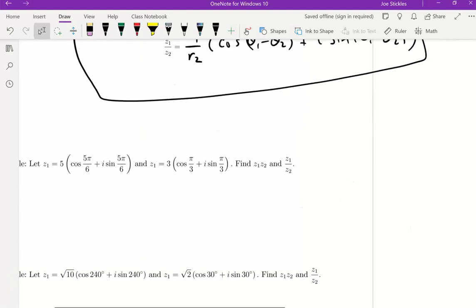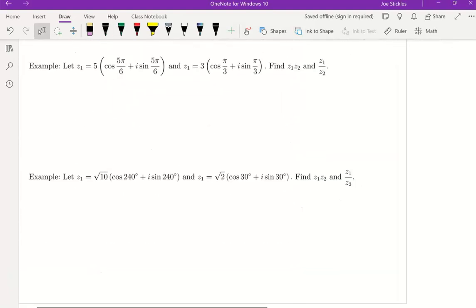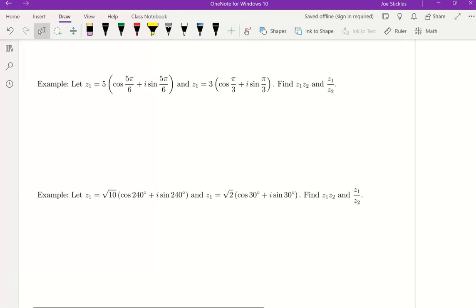So let's look at the next couple of examples that we have here. They give you Z1 and Z2 and ask you to find the product of them.